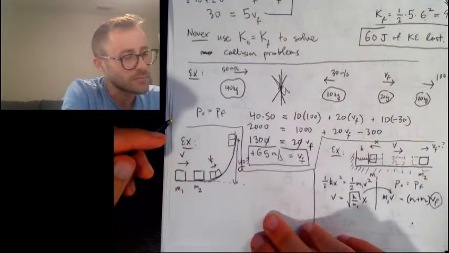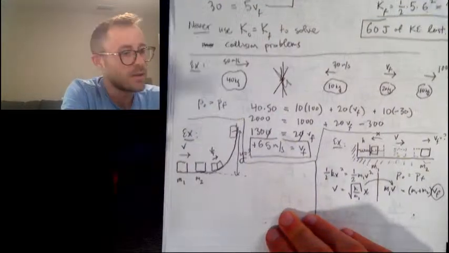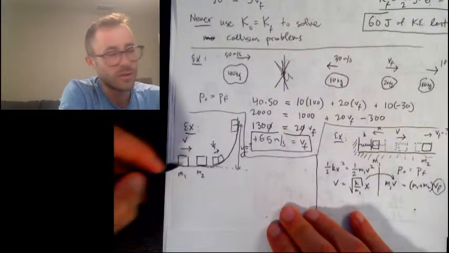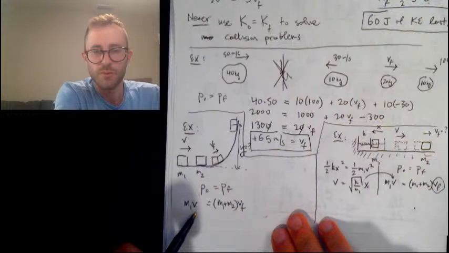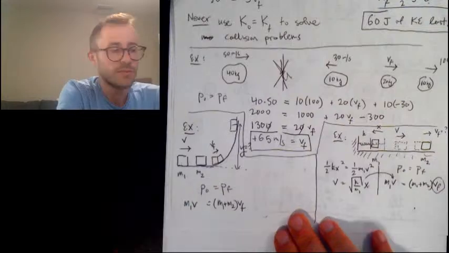So, how could we do that? Well, this one is a momentum problem that becomes an energy problem. So, for the collision, we use momentum. So P initial equals P final. And so the initial momentum is only carried by m1. So we have m1v. The final momentum is carried by both of the masses. So m1 plus m2 v final. So we use that to solve for v final. Then it becomes an energy problem.